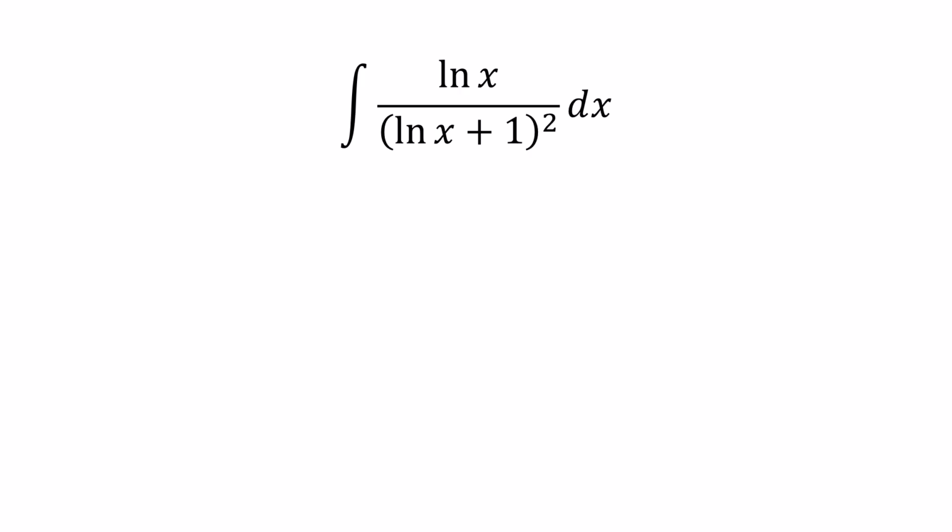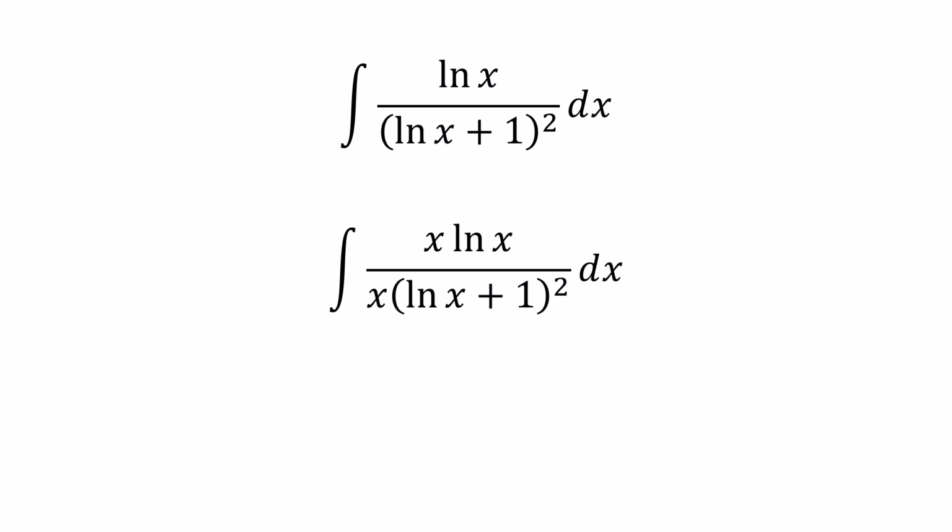Next, we evaluate the integral of ln of x all over ln of x plus 1 squared dx. To begin, we multiply the numerator and denominator by x, giving the integral of x ln of x all over x times ln of x plus 1 squared dx.